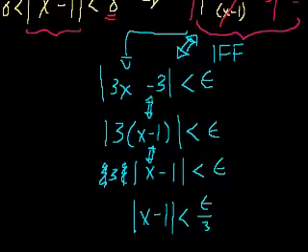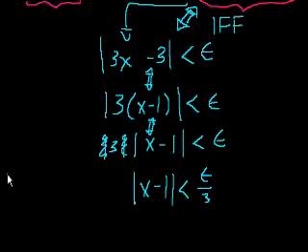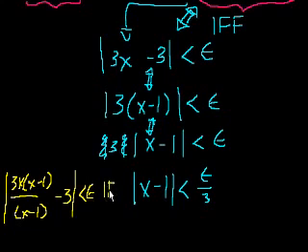We've just proved that the absolute value of 3x times x minus 1 over x minus 1, minus 3, is less than epsilon if and only if x minus 1 is less than epsilon over 3, right?